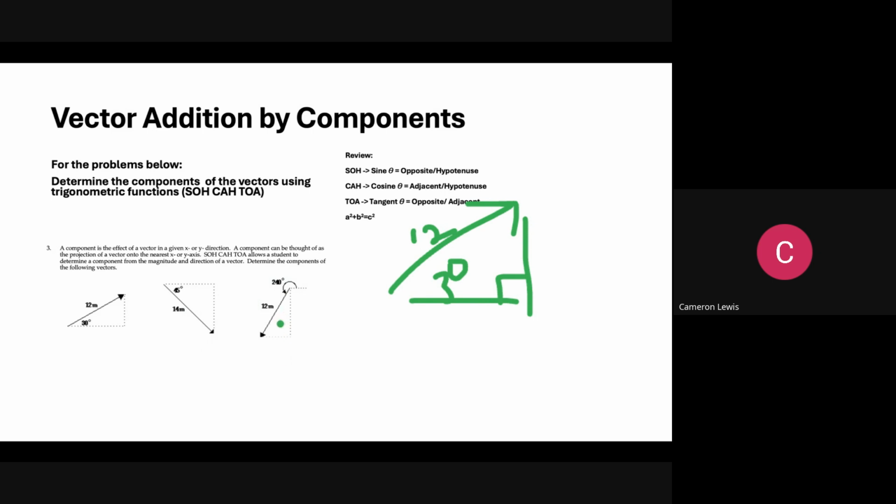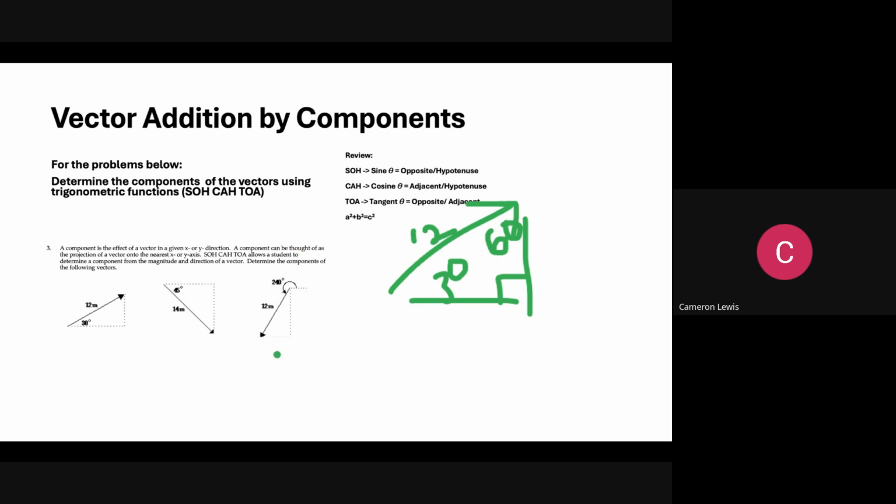If I know that this is 90, this one is 30, what is this other angle? 60? Yes. 60, 30, 90. It adds up to 180.